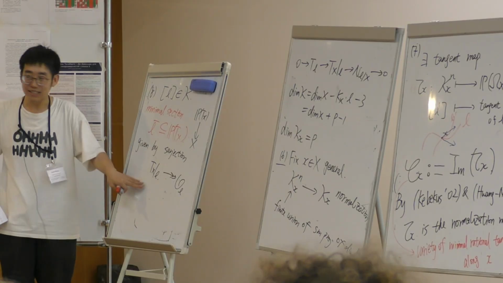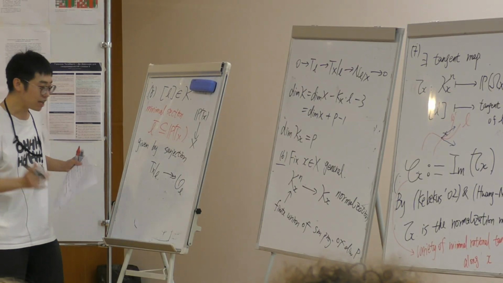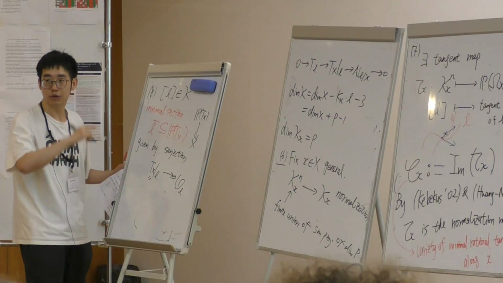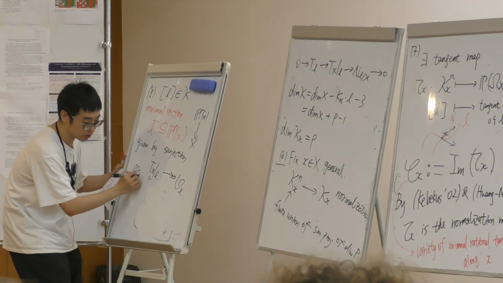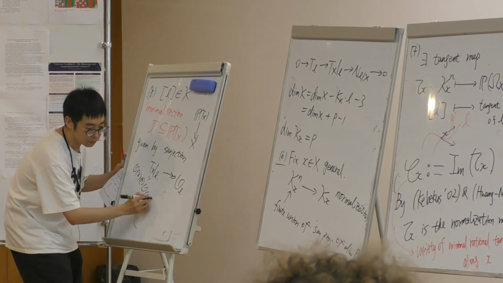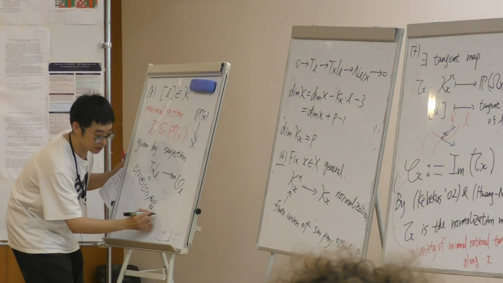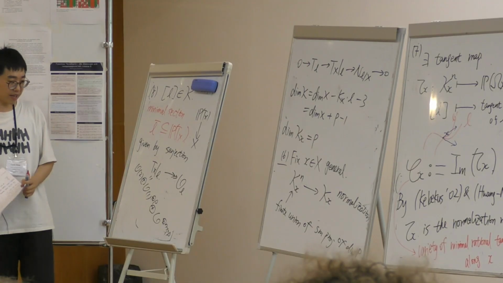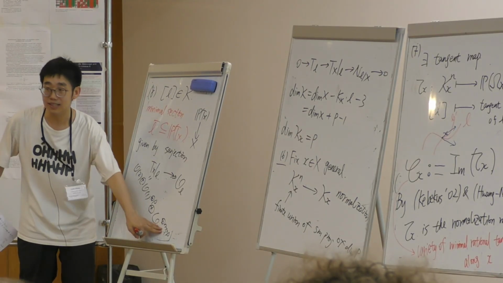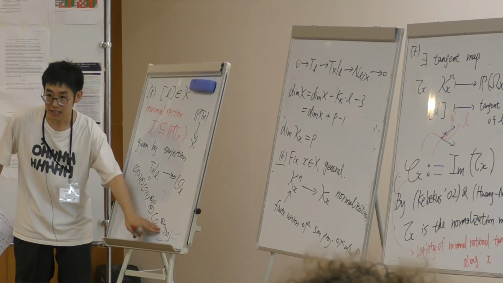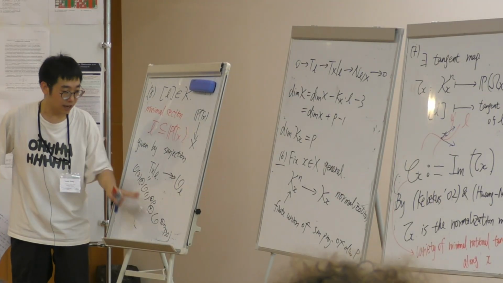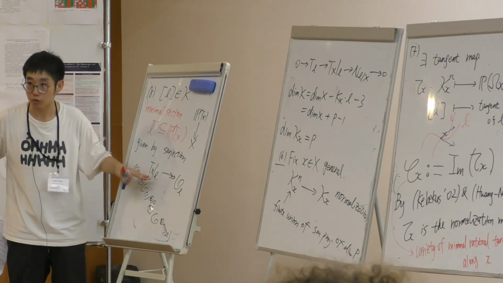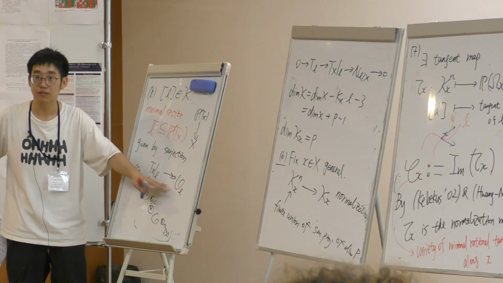Okay, then why does it exist? Recall that this is O(2) plus O(1) to the p plus O to the n minus 1 minus p, right? So if this is non-zero, there always exists the natural quotient, right?